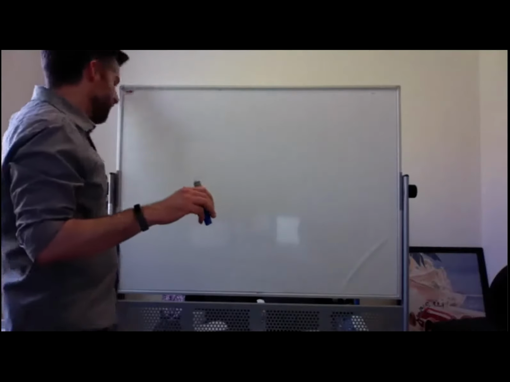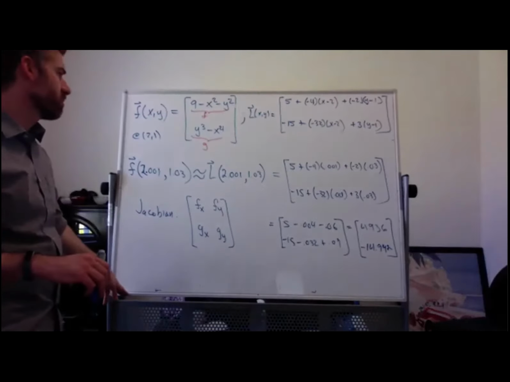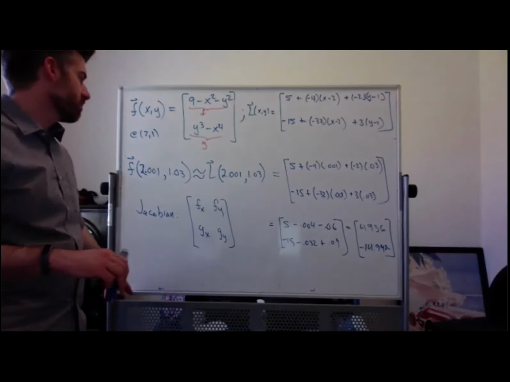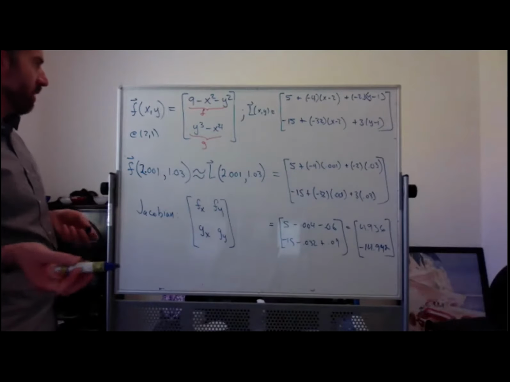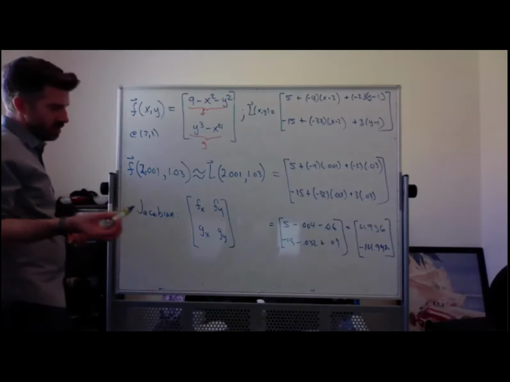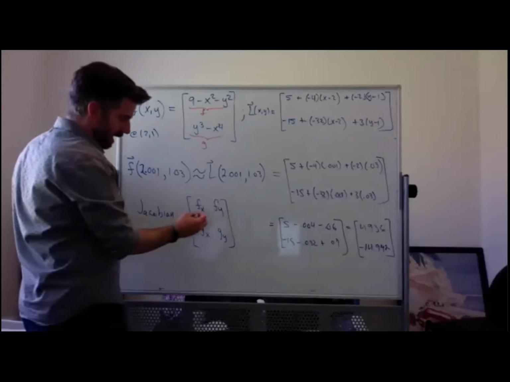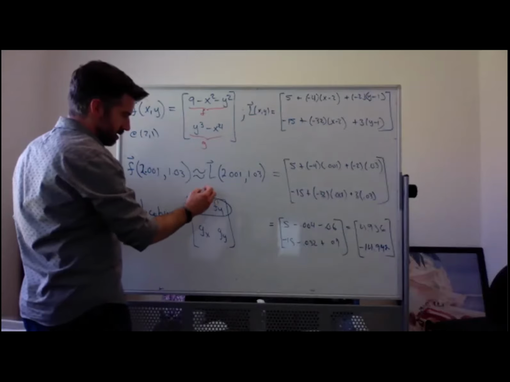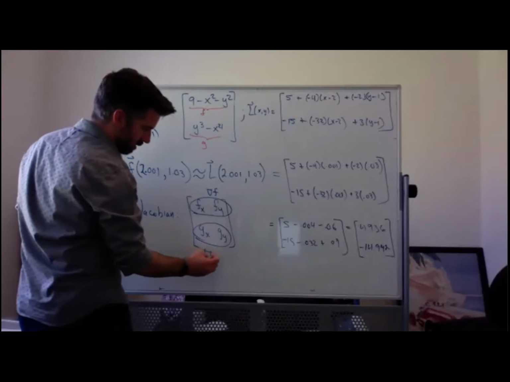Oh, yeah, that's the thing I wanted to say, right? You can definitely think of the rows of this Jacobian matrix as the gradient of F and the gradient of G.